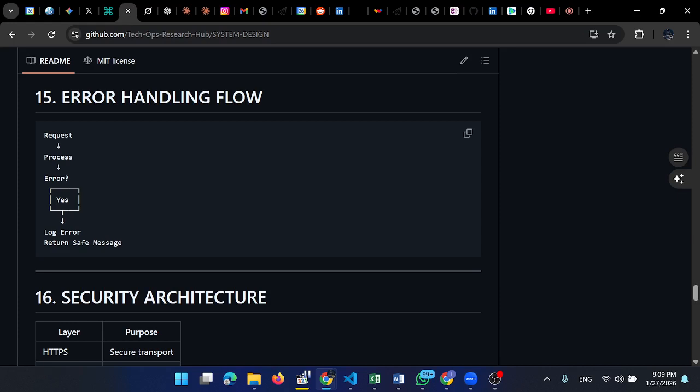As the user, there's a request you have to key in, and it has to be processed. As it's being processed, it will indicate that there are some errors popping up, and there are some logged errors that have to be considered, and then there's the return safe message. So error handling flow is very, very important.